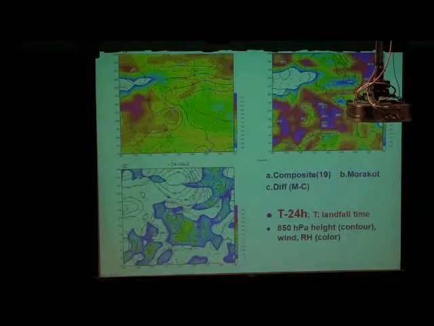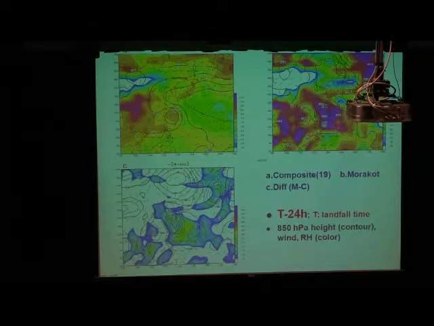Next, I want to show the composite of these 19 typhoons, which is shown in the upper left. In the upper right, it is for Morakot, and this is the difference between the Morakot and the composite. At 24 hours before landfall, the composite typhoon is located right here, and it is moving westward because of strong steering flow provided by the Pacific High.